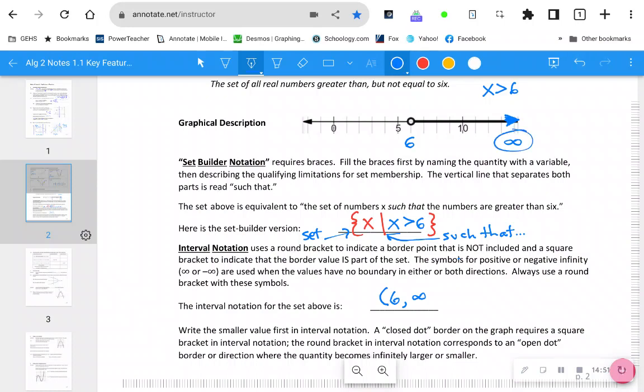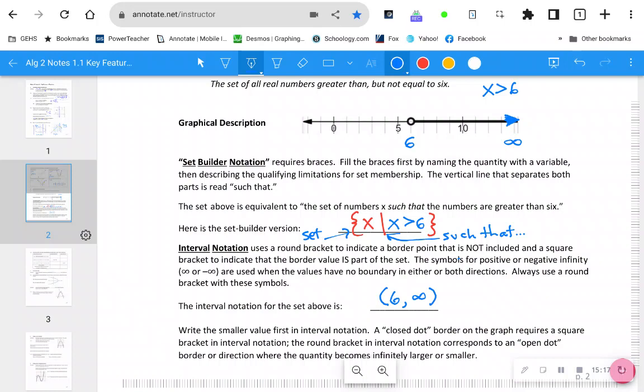When you try to get to infinity, every time you think you got it and you can put a cage around it and include it, somebody's going to say, no, infinity is further to the right. So with infinity, you always put the round one. Now, if you're going to the left forever, it would be negative infinity. And that would obviously be the smallest number possible, so you always put that on the left side of the comma when you do that.